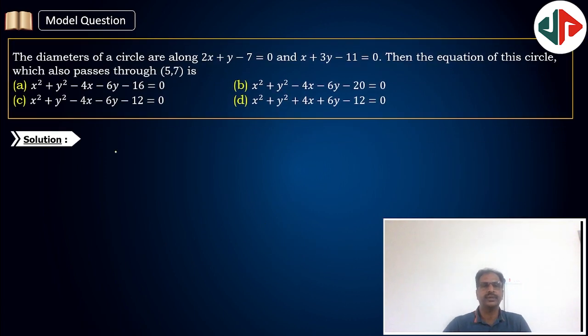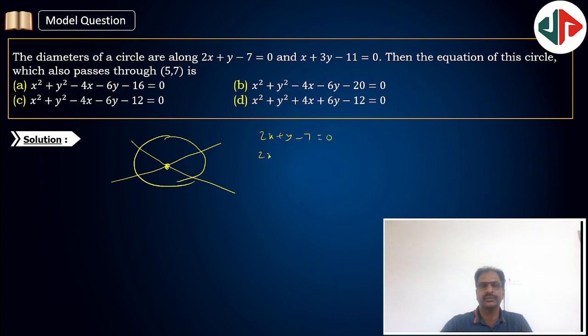Next question. The diameters of a circle are given. We know that diameter passes through center of the circle. So two diameters are given. So intersection point of diameters is nothing but center. So solve the two diameters, you get center. Multiply second equation with 2, 2x plus 6y minus 22 is equal to 0.